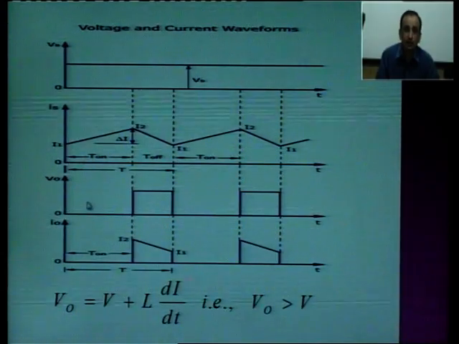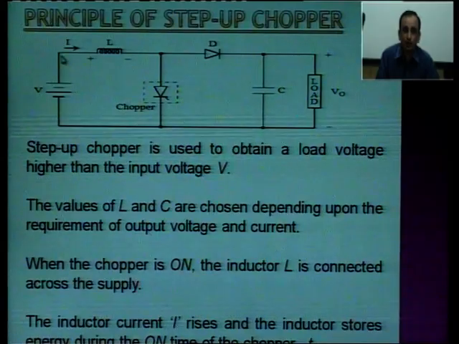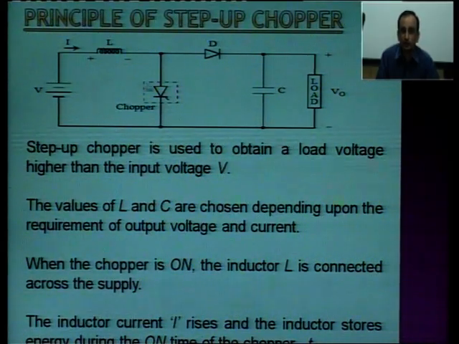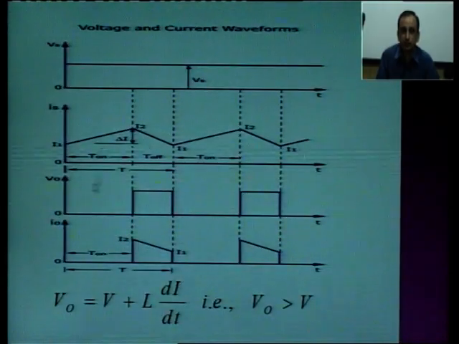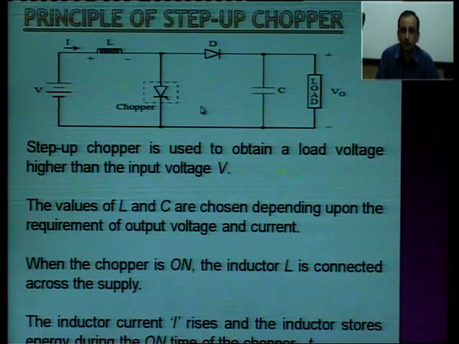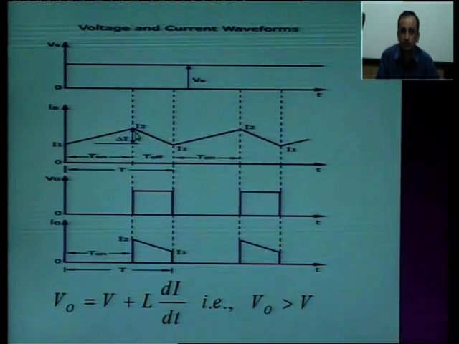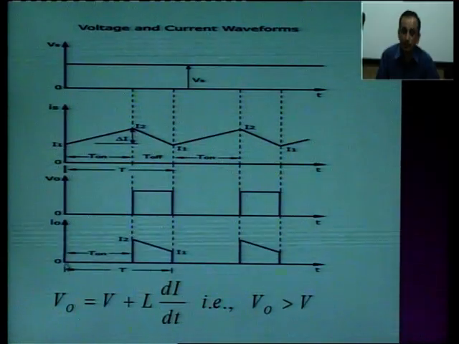Then you see when it is on, it is a short circuit across your load, so there is no current in the load. The voltage across the load at that point of time is 0, and the current through this inductor, the source current, is increasing, but again there is no current across the output.